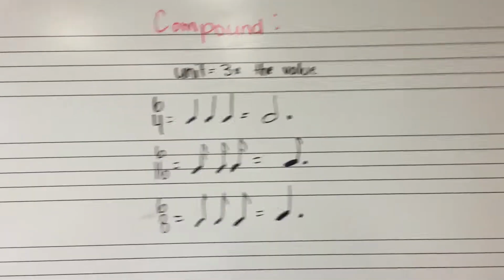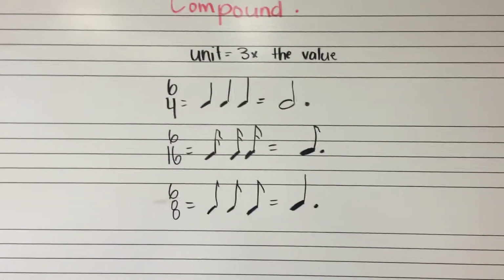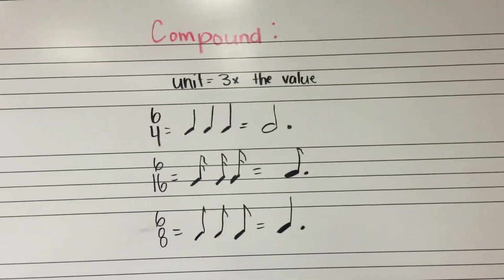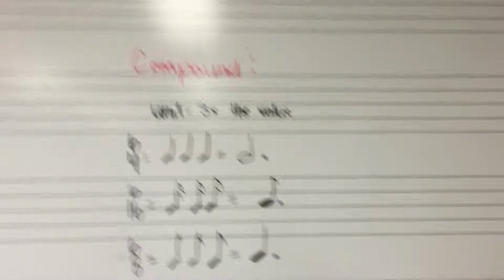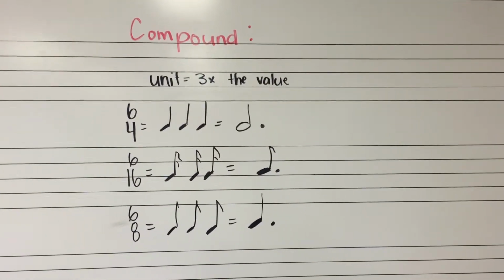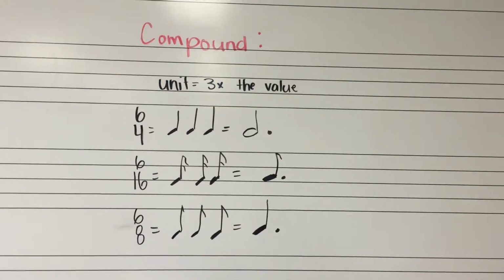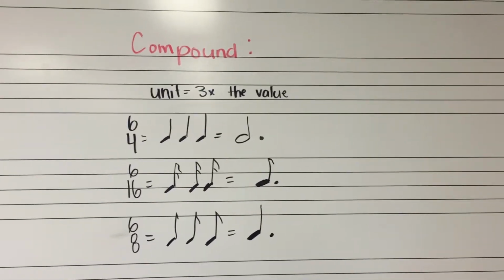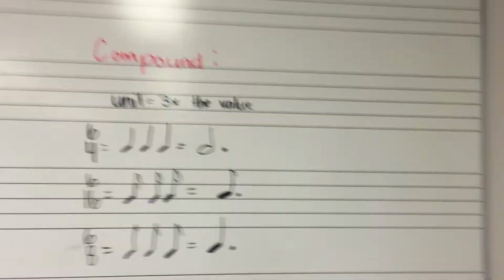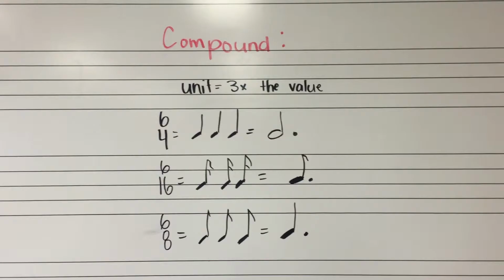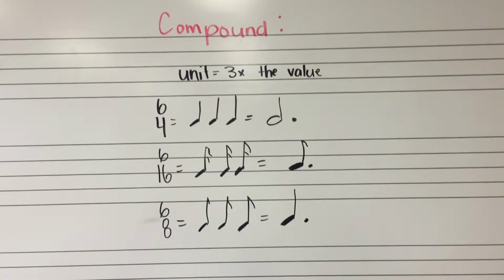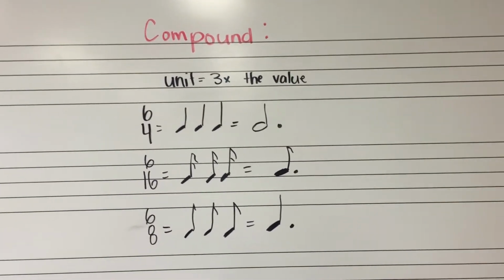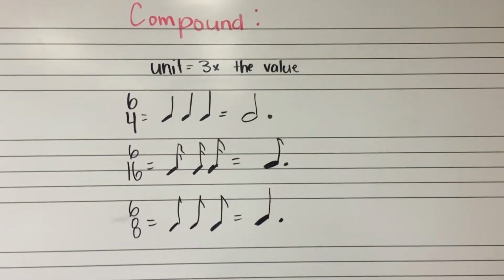In compound time, the beat unit is 3 times the value of the bottom number. So for example, in 6/4, in simple time the 4 would mean a quarter note. But now you have 3 quarter notes, which will equal a dotted half note. And remember that the dot after a note equals half the value of the note before.